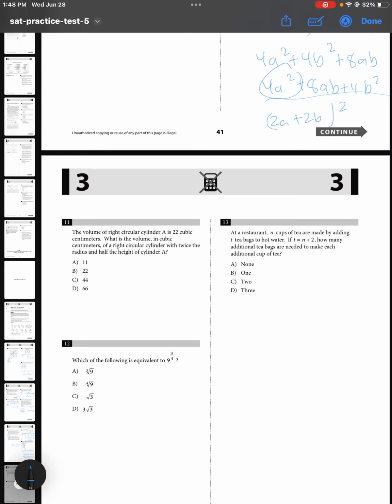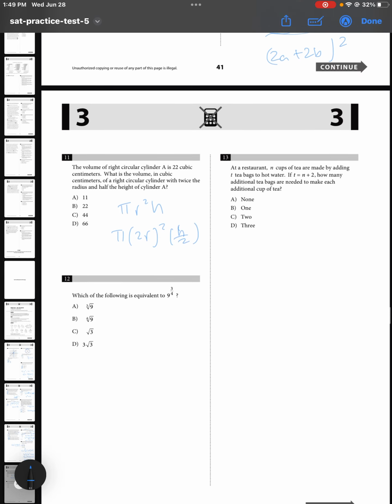Okay. So cylinder. The formula for a cylinder is just pi r squared times height. Okay. Volume. Twice the radius would be pi times (2r) squared times height over 2, which would be pi times 4r squared times h over 2.